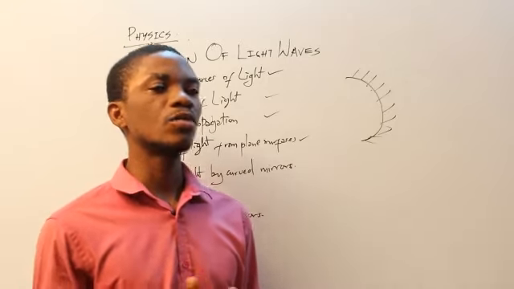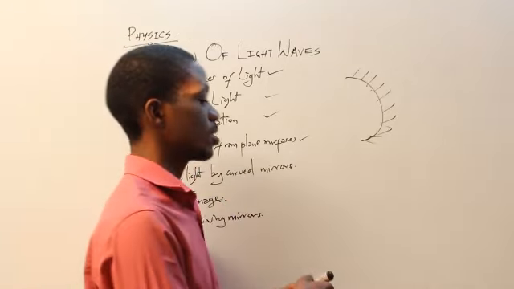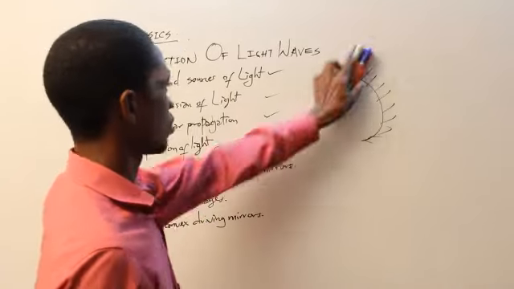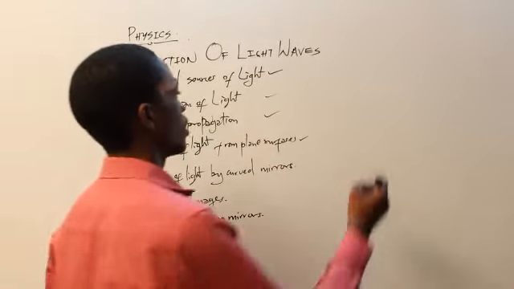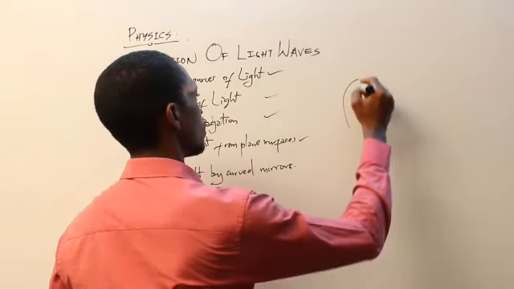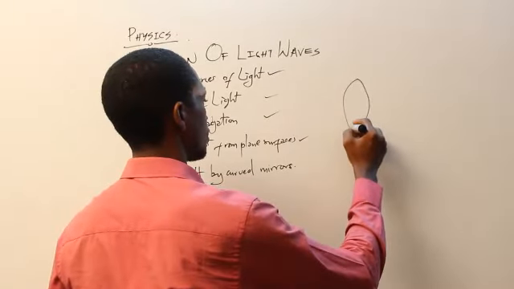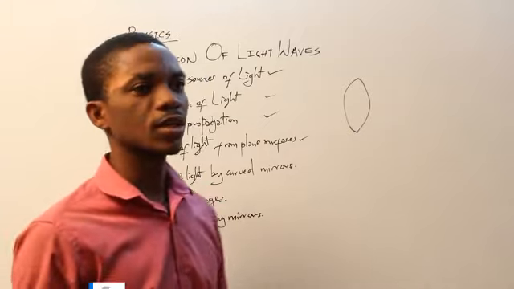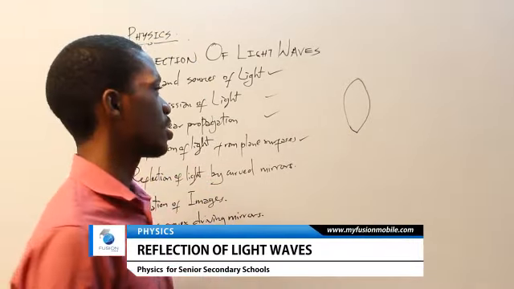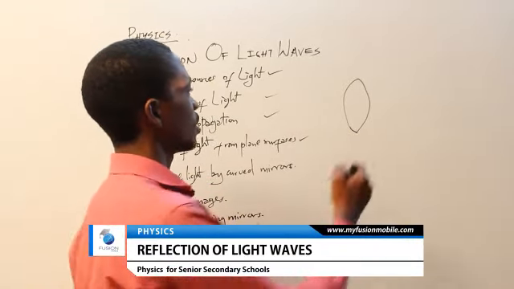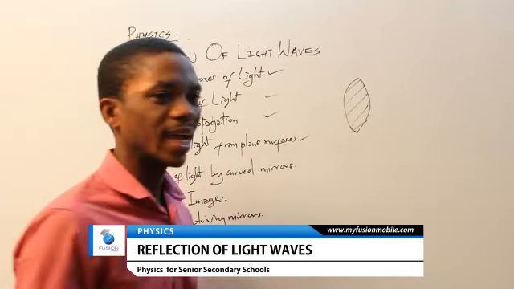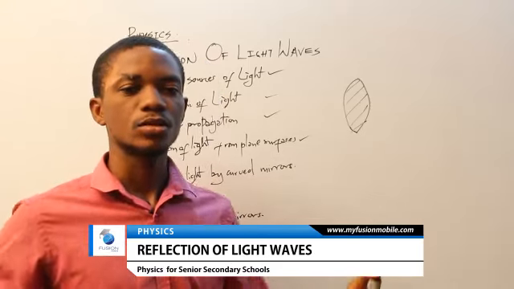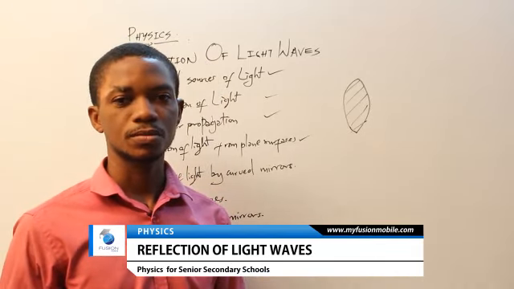When we're talking about a convex lens, it has a shape something like this. Now, the concept of a convex lens is that the lens gathers light towards a point.